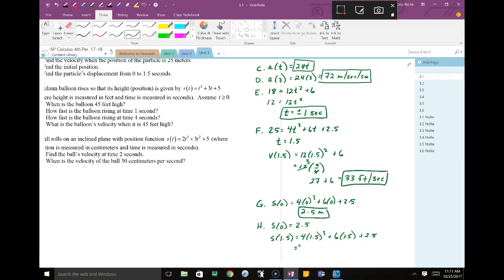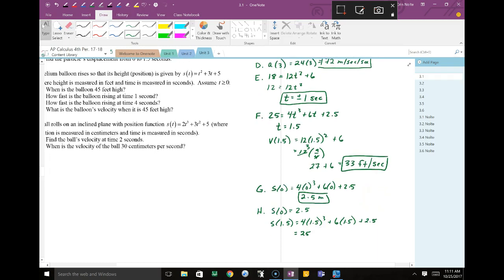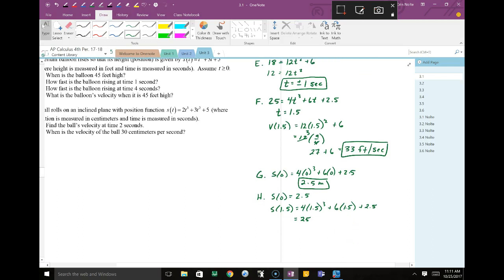Oh, good call. So 25, yeah? Jaden, you're so smart. That was from the question F. So then we have to do displacement: start minus, so 2.5 minus 25. So we get negative 22.5 meters.